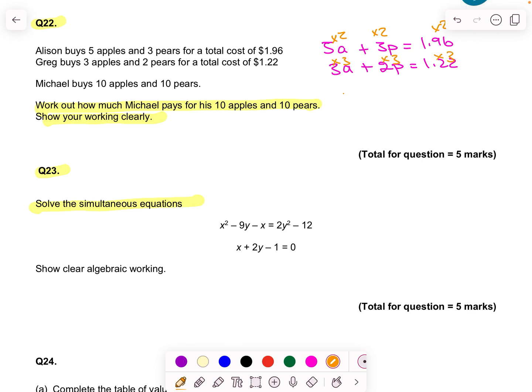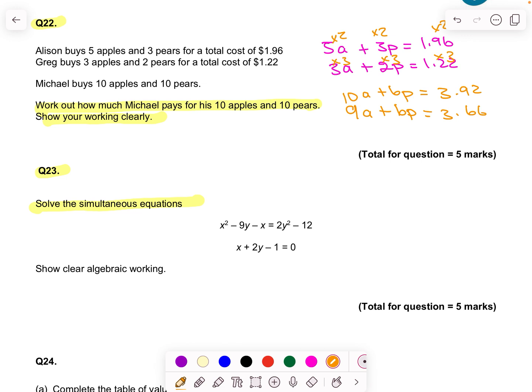So I get 10a plus 6p equals 392. And then on the bottom I get 9a plus 6p equals, is that 122 times 3?